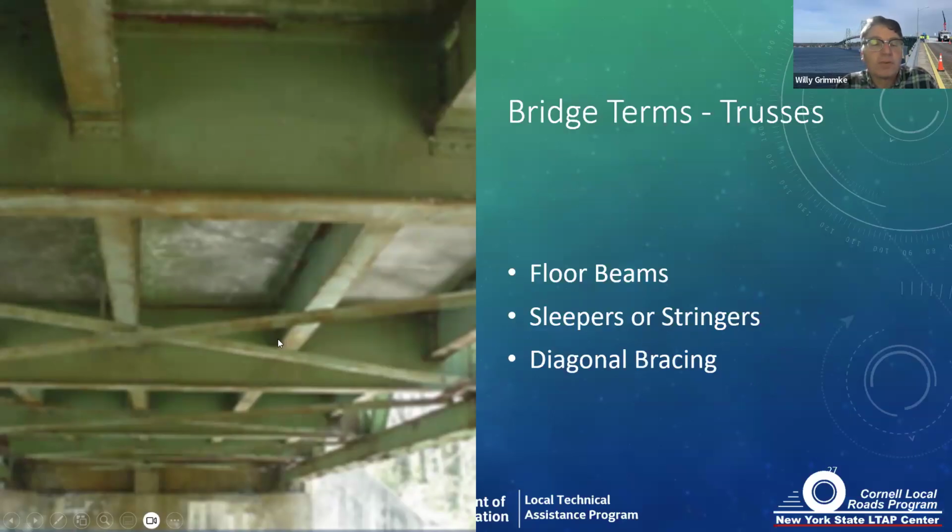We will have sleepers or stringers extending between floor beams, and then there's often diagonal bracing to help stiffen the truss and help stiffen the bridge and help the two trusses on either side of the bridge act as a unit.